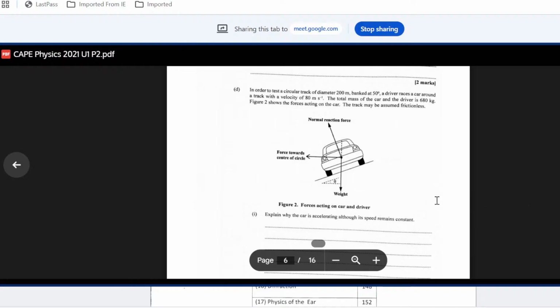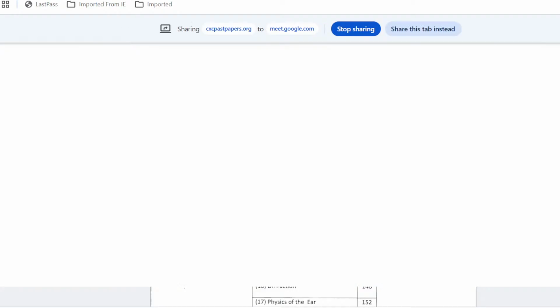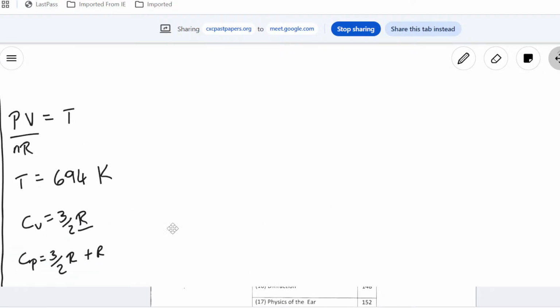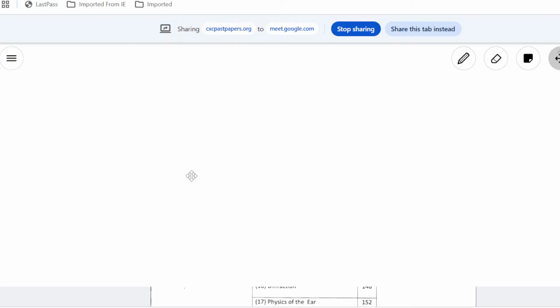What's the equation for centripetal? That's v squared over r. Yeah, so we can write it in terms of omega or velocity, but we have velocity.